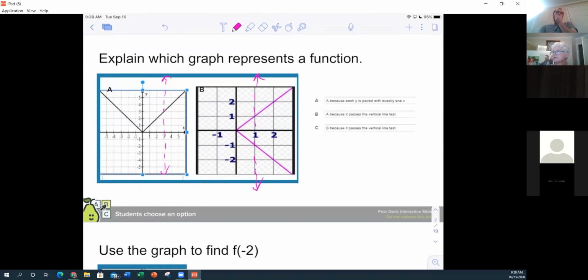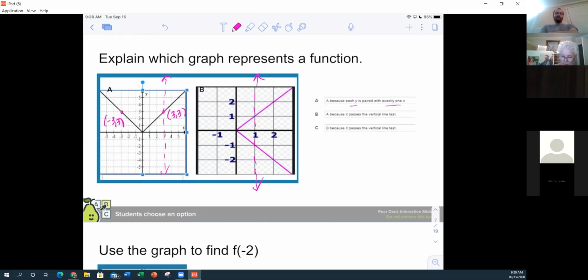Okay, so on this one, A does pass the vertical line test, B does not pass the vertical line test. I said every Y is paired with exactly one X, but that's not true, because if you pick just any 2 points here, this is the point 3, 3, this is the point negative 3, 3.